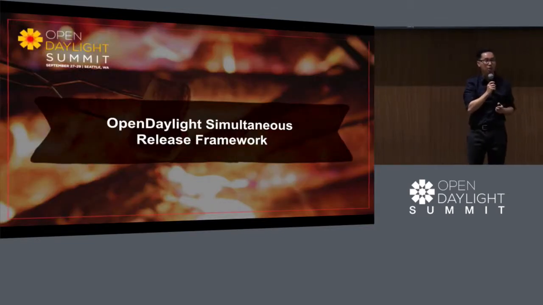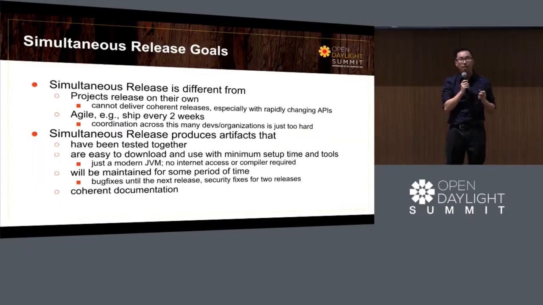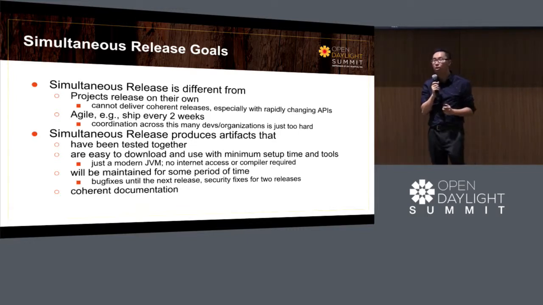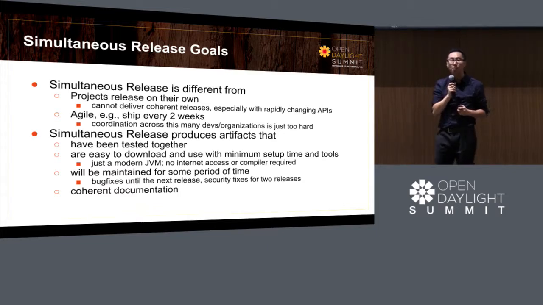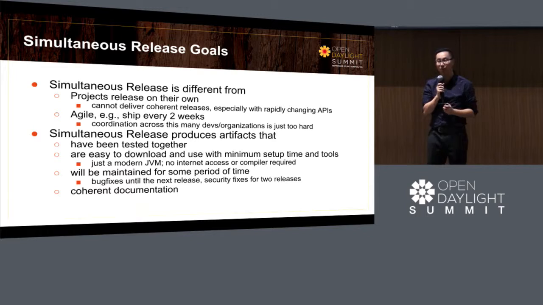So the first thing I want to do is talk about OpenDaylight's simultaneous release framework. Now, the simultaneous release framework isn't the only option that's available. One alternative that we considered was having projects deliver according to their own timeline, so each individual project would release their own artifacts whenever they are ready.